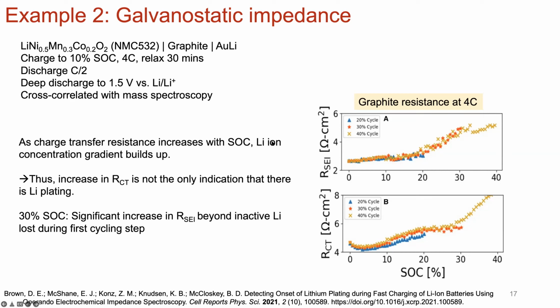Okay, so that's increasing. That's telling you that if your SEI is built, the resistance is building up. That means there's a concentration gradient that's increasing and building up. But that's not the only feature. If you're seeing charge transfer resistance and also the resistance of SEI, that's not the only indication that there's lithium plating. There's a number of things that can also be happening.